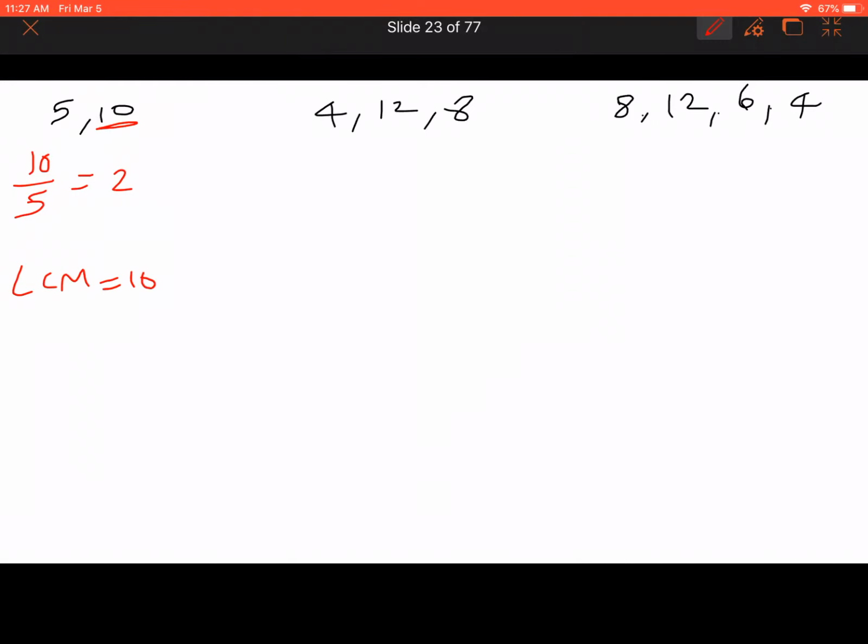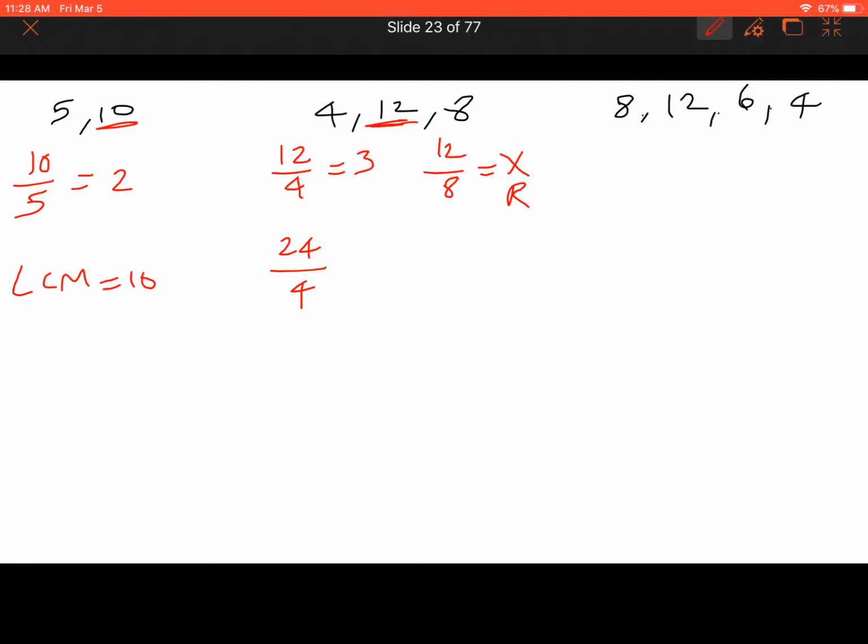Okay, let's check with 4, 12, 8. 12 is the biggest number, right? So we have to check whether it is divisible by 4. Yes, it is. And when we check divisibility by 8, it is not divisible, it has a remainder, right? So that means we have to take the next multiple of 12. The next multiple of 12 is 24, right?